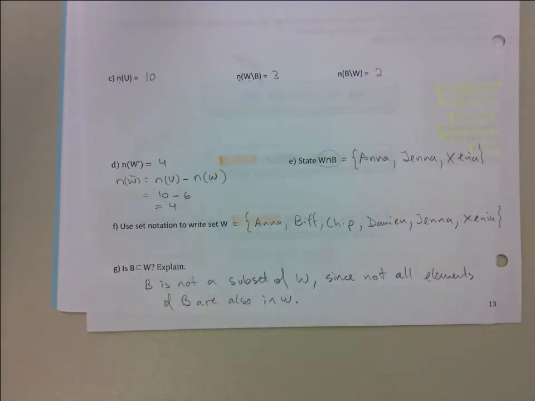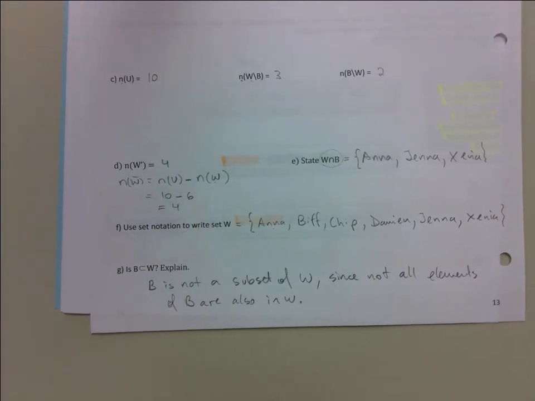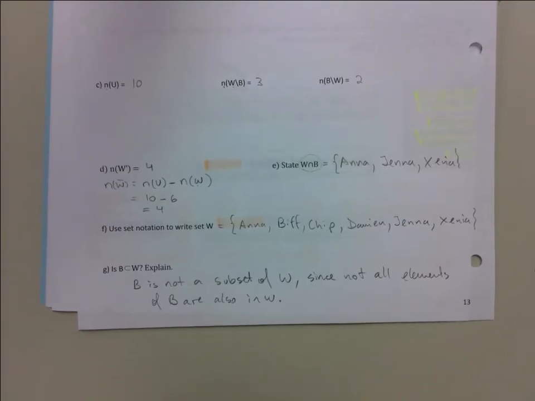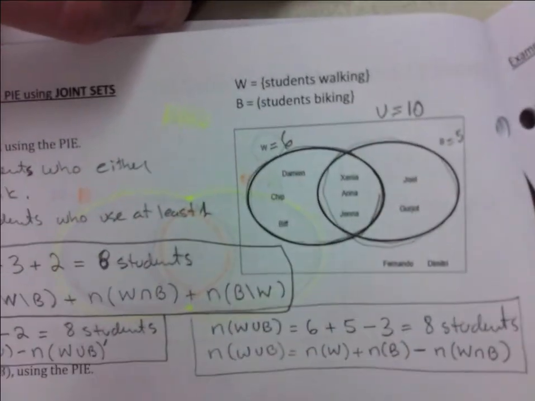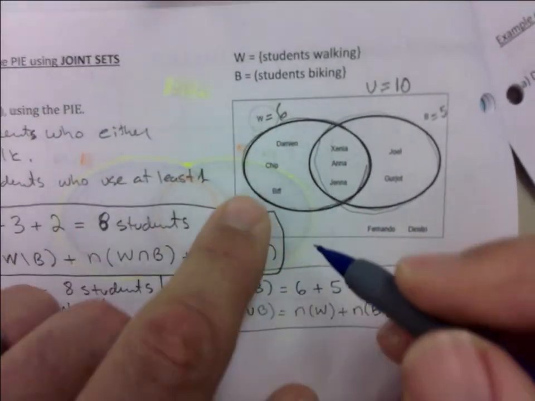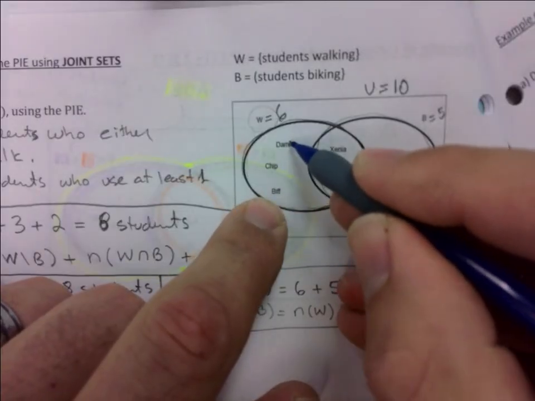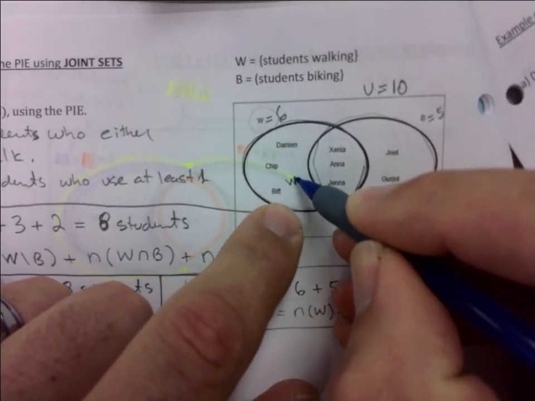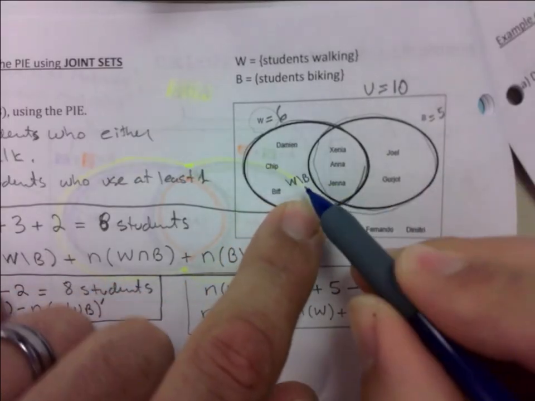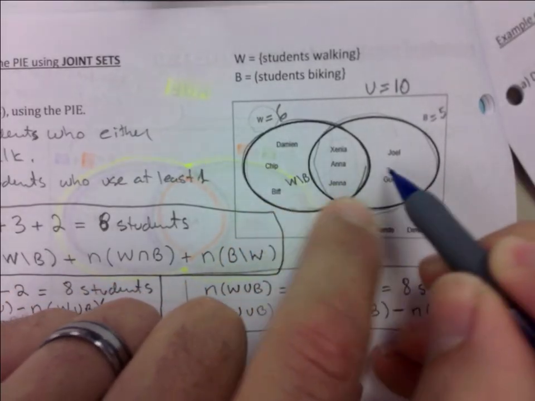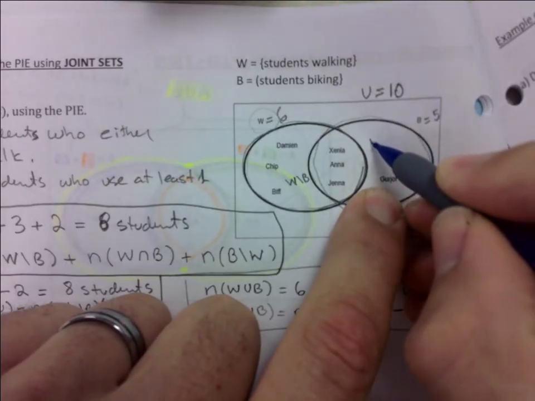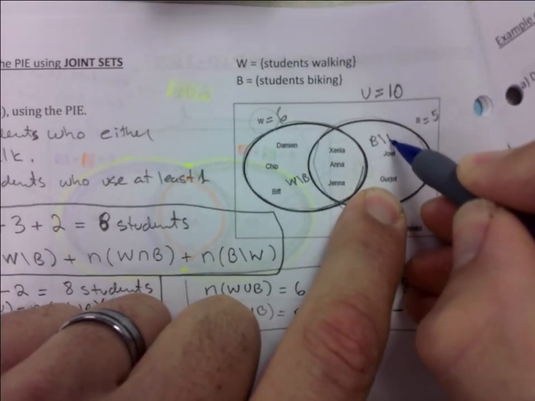Phew, right? I want to do one more thing before I do a word problem. I want to go back to our diagram and just real quick, I'm going to go up to the top here. This one, let's just quickly label these regions. If I only wanted students that were walking, I would use this notation. Okay? If I only wanted to refer to students that bike, I would use this notation.